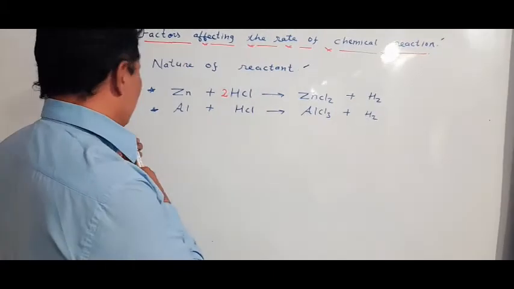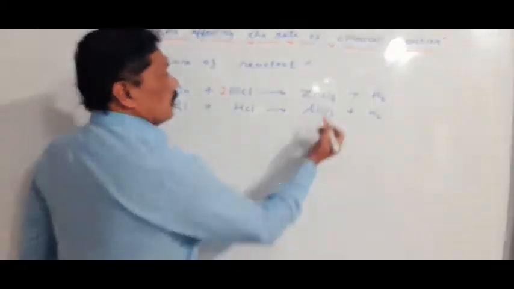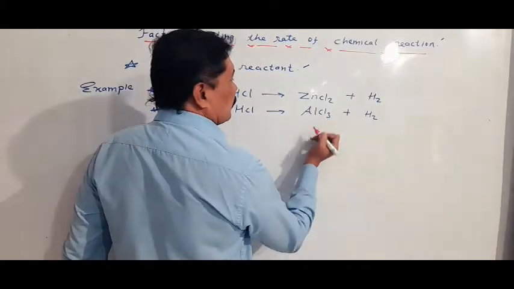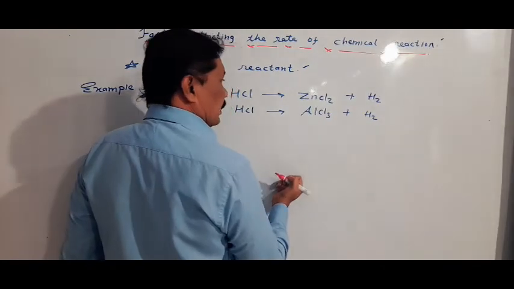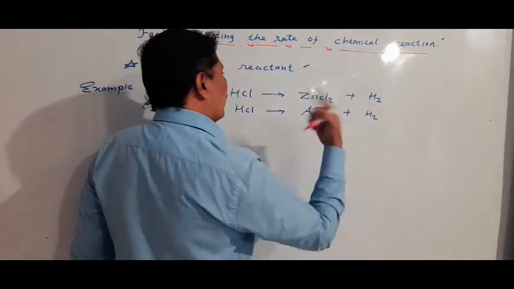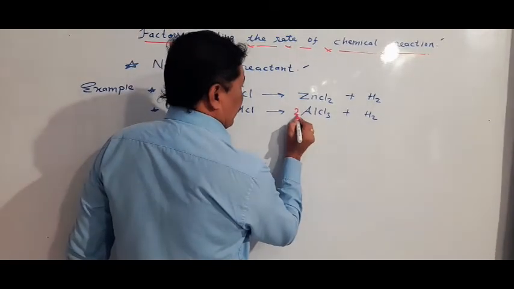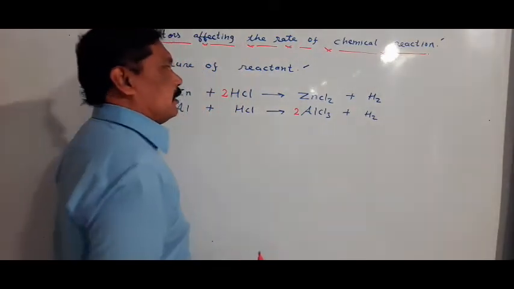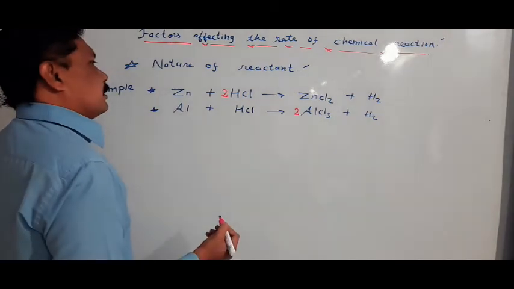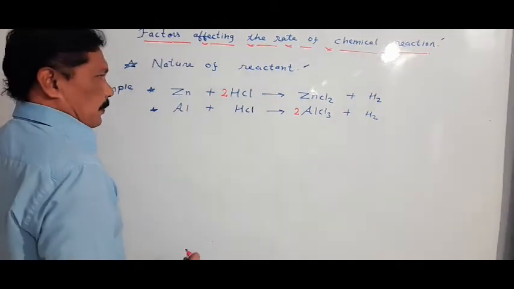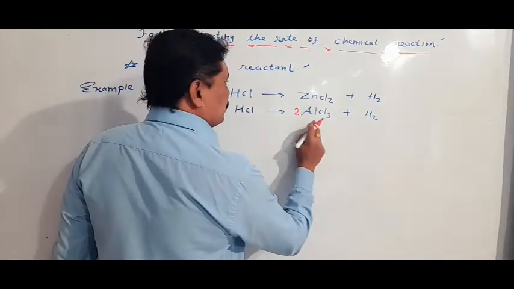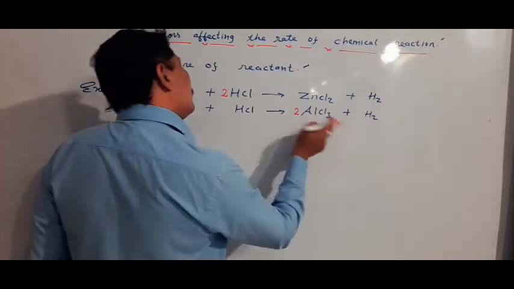Here, my dear student, we will see chlorine is 3. It's an odd number. We will convert it into even number by making chlorine atom as 6. In the process of making odd to even, we have changed aluminum.